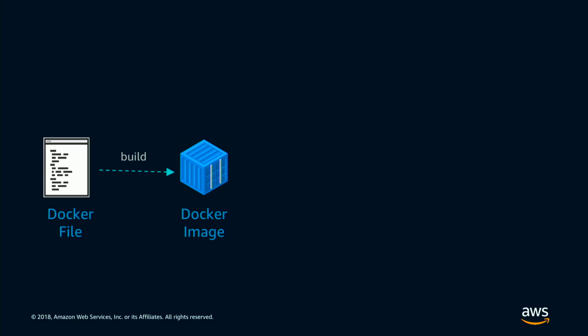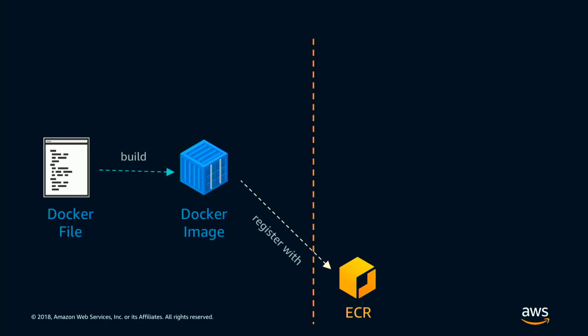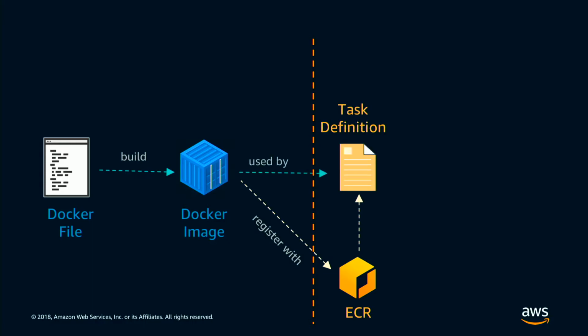Think of a Docker image as a snapshot of your application plus the minimum amount of files that you need from an operating system standpoint. Once you get your Docker image, you register the Docker image with the ECR or the Docker Hub. In this case, it's the ECR. Then you do something that's called a task definition. A task definition is very similar to what we were talking about in CloudFormation itself.